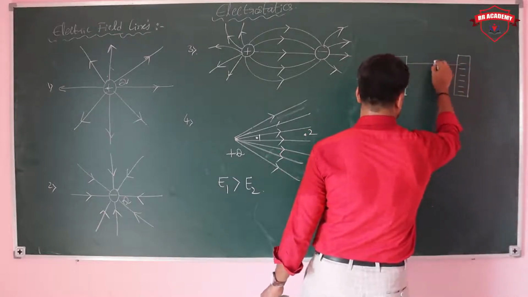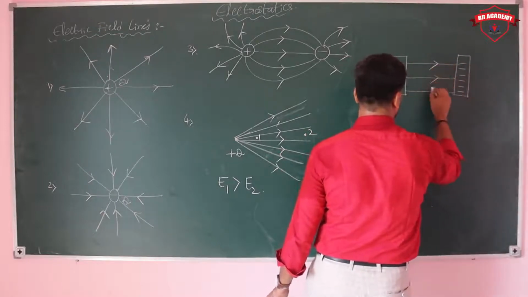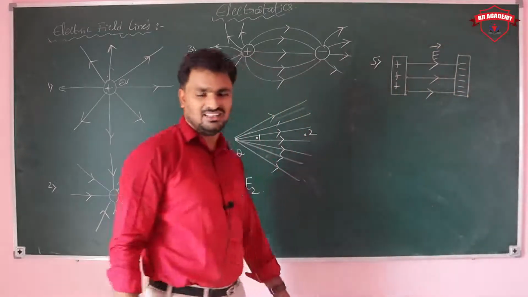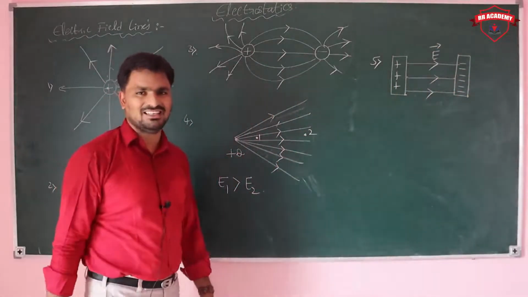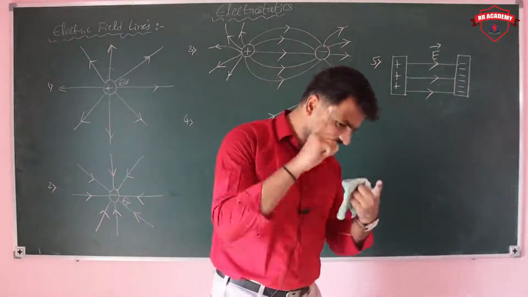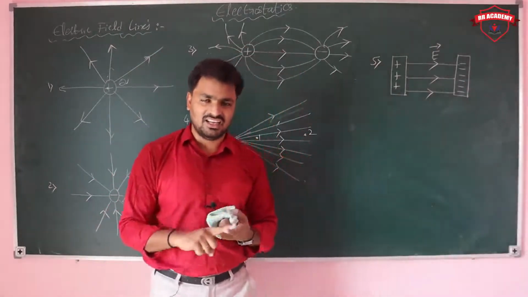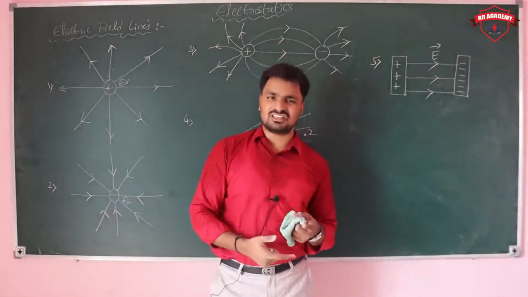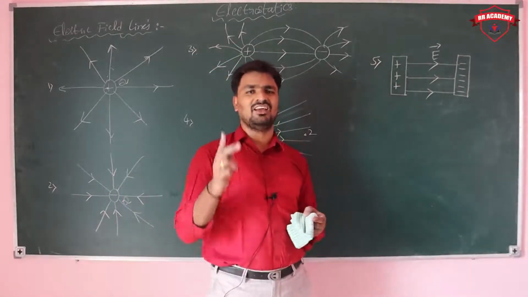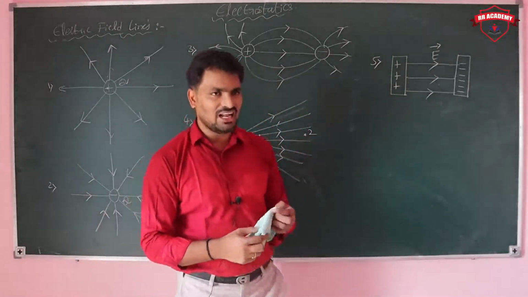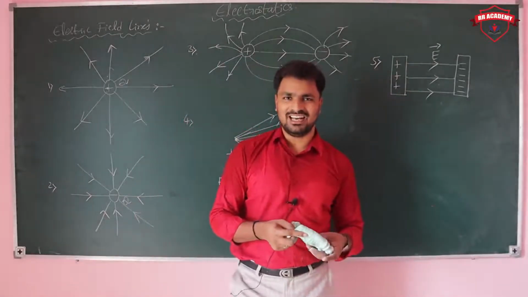Then the field lines go directly from the positive charge to the negative charge like that. So those never intersect. Two field lines never intersect each other. If they intersect, at the point of intersection the field would have two different directions.